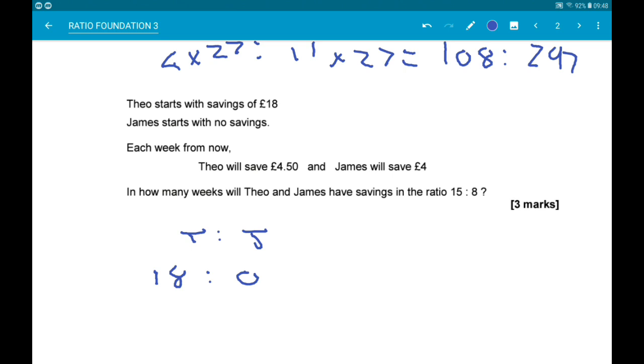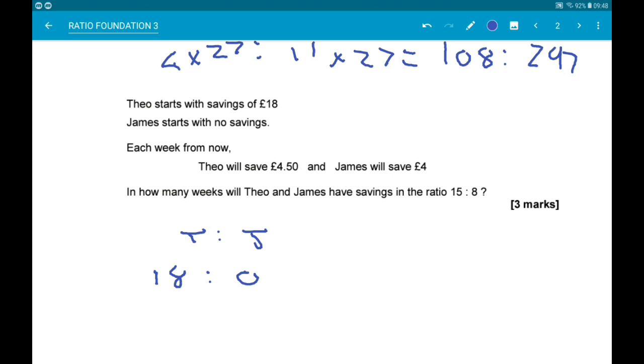So we could just keep adding £4.50 on the left and £4 on the right and check to see if the ratio cancels down. However, we could halve the work by spotting that Theo is going to have savings of a multiple of £15, or James is going to have savings which are a multiple of £8.